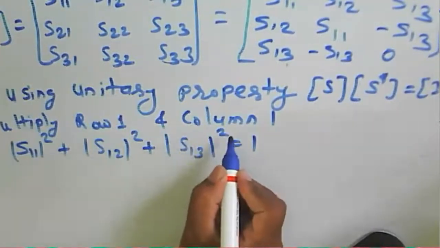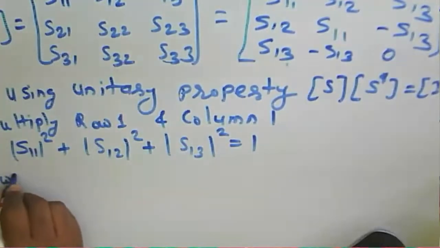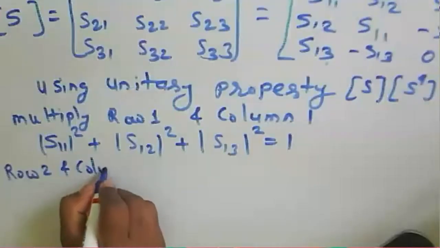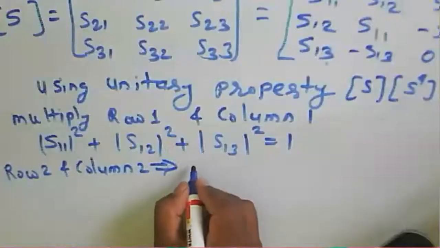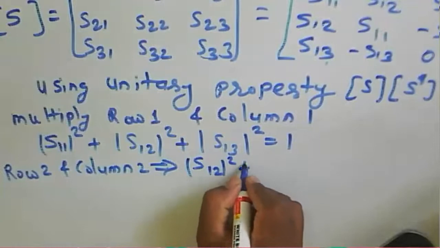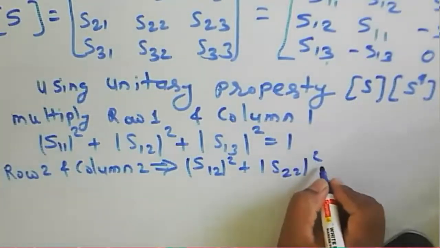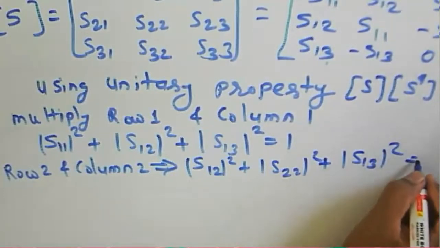Multiplying row 2 and column 2 here, then we'll get that S12 square plus S11 or S22 square plus S13 square is equal to 1.